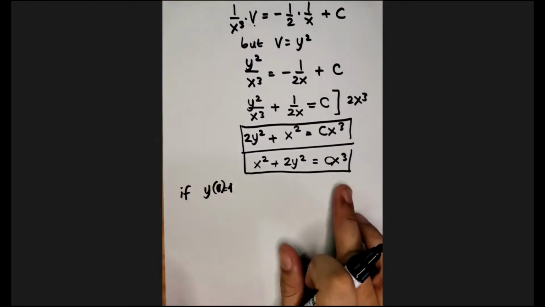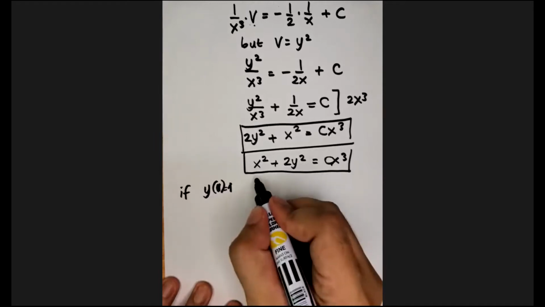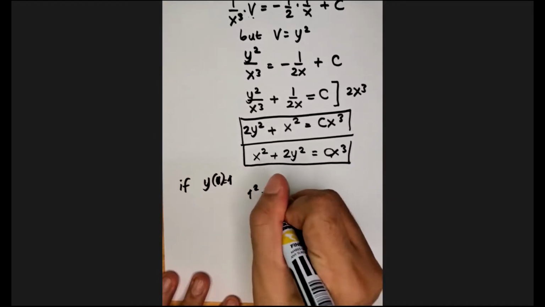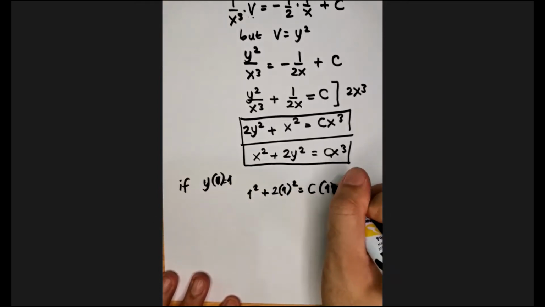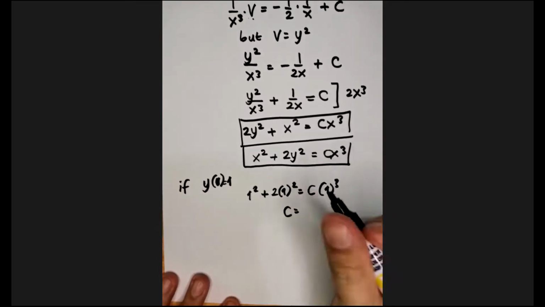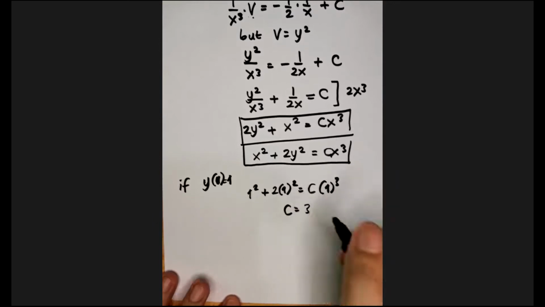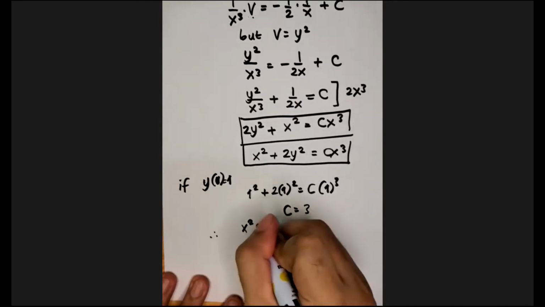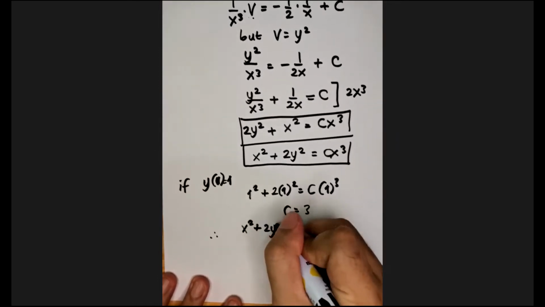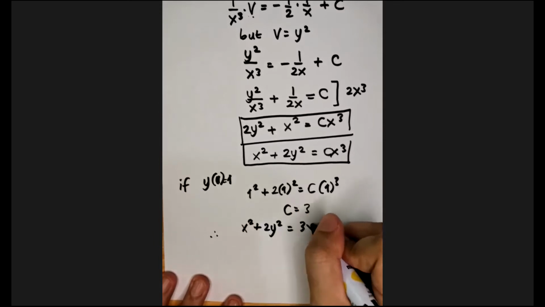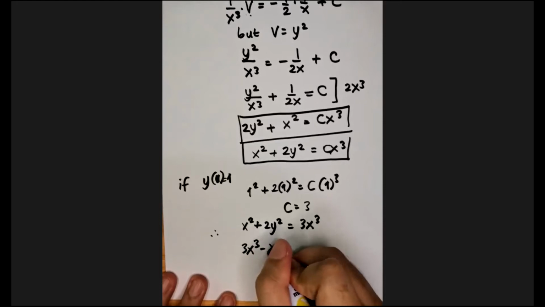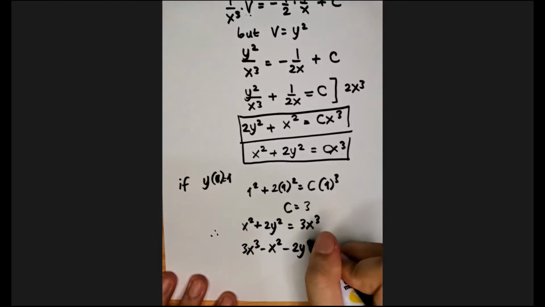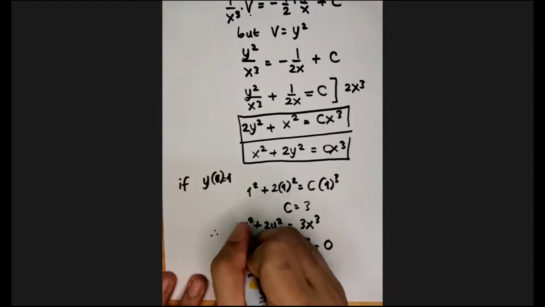So ang gagawin lang natin ay isa-substitute lang natin from the general solution. So this is 1 squared plus 2 times 1 squared is equal to c times 1 cubed. So c is equal to, so 1 plus 2, 3. So therefore, this is x squared plus 2y squared is equal to 3x cubed, or 3x cubed minus x squared minus 2y squared is equal to 0.